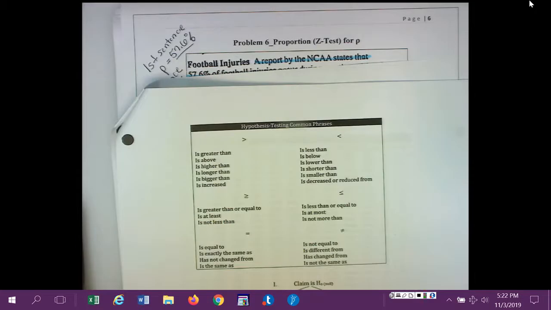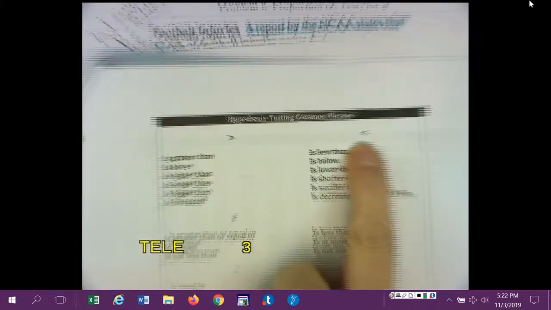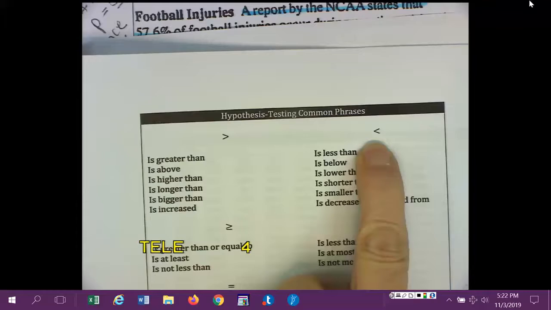So if he's saying that number is too high, that must mean for his particular institution, the trainer, if that number is too high, then that number, row, must be below 57.6%, less than.